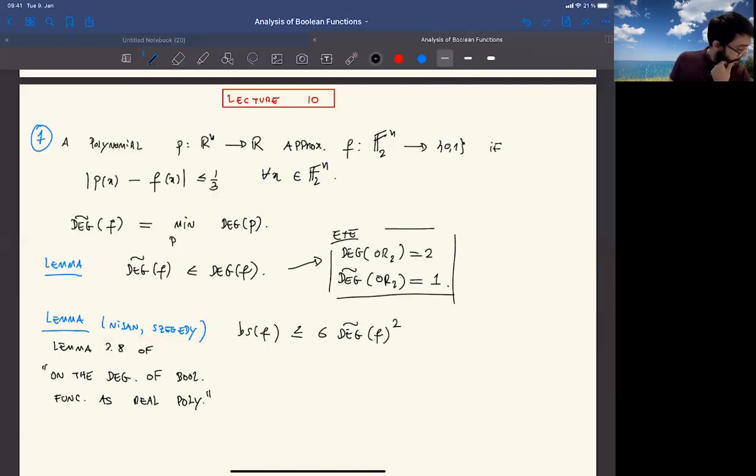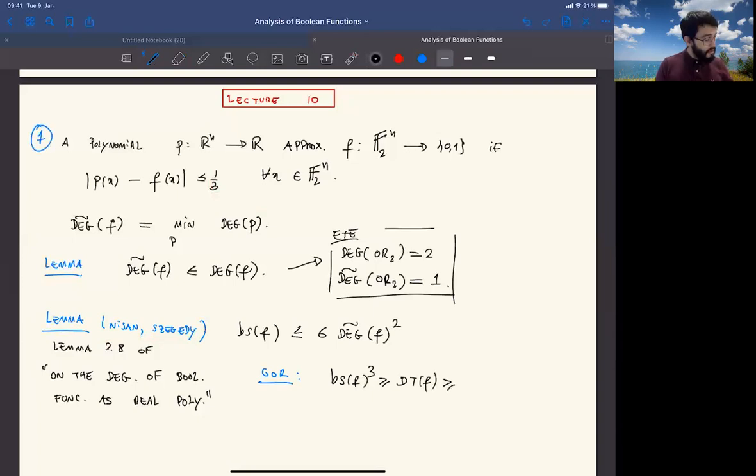So if that is true, then as a corollary of that lemma, we have, since in the previous class we came up with a bunch of lower bounds, for instance, that block sensitivity of f cubed is greater or equal than decision tree complexity.